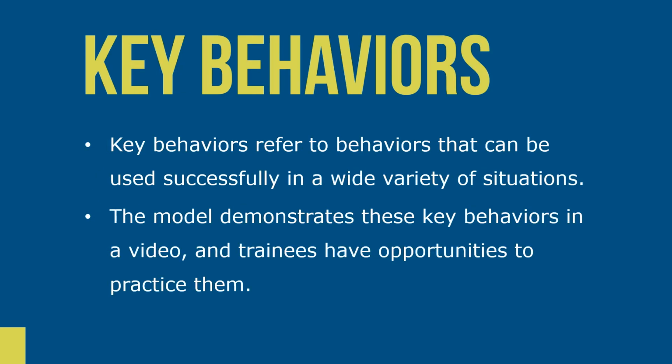Key behaviors refer to behaviors that can be used successfully in a wide variety of situations. The model demonstrates these key behaviors in a video, and trainees have opportunities to practice them. The key behaviors are believed to be applicable to a wide variety of situations. In fact, the practice session in this type of training requires the trainee to use the behaviors in a variety of situations that are not identical.